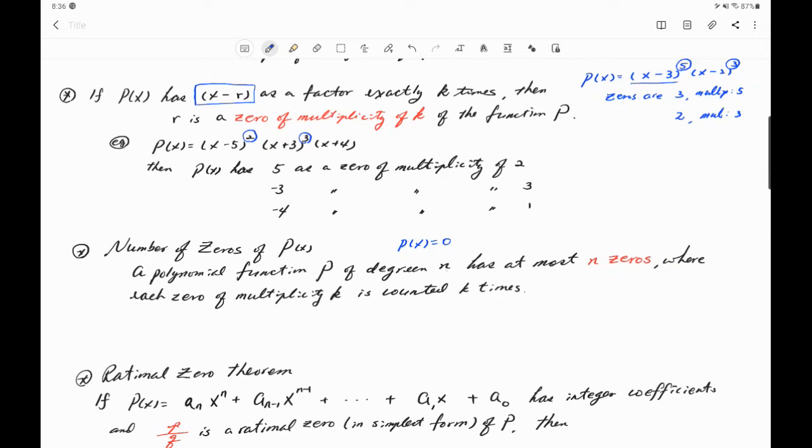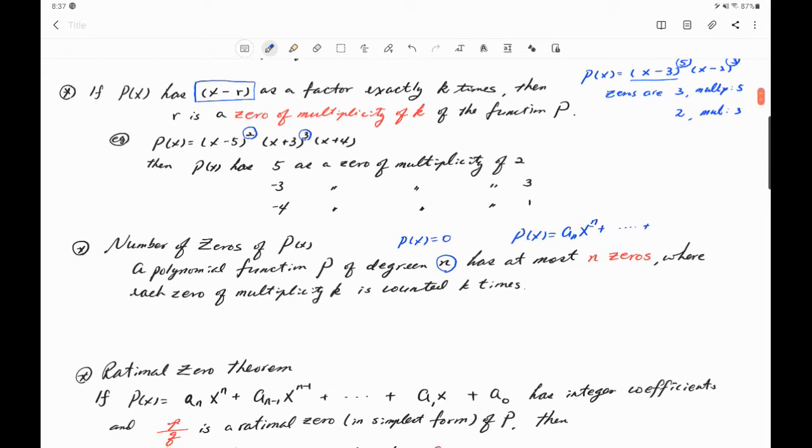If the degree of the polynomial is n, for example, p of x equals a sub n, the leading coefficient, x to the nth power plus some other terms, then the largest power is n, right? So we call it the degree of the polynomial.